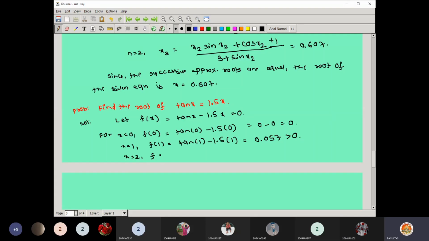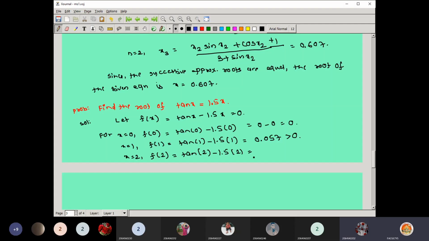x equal to 2. f of 2 equal to tan 2 minus 1.5 into 2. For the tan 2 value, how much are you getting?